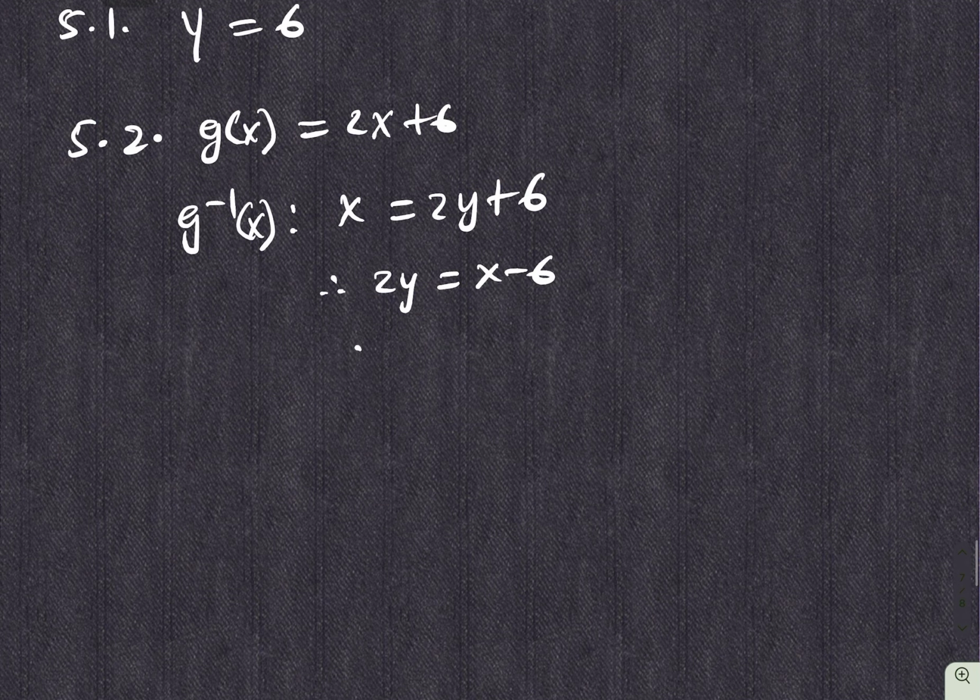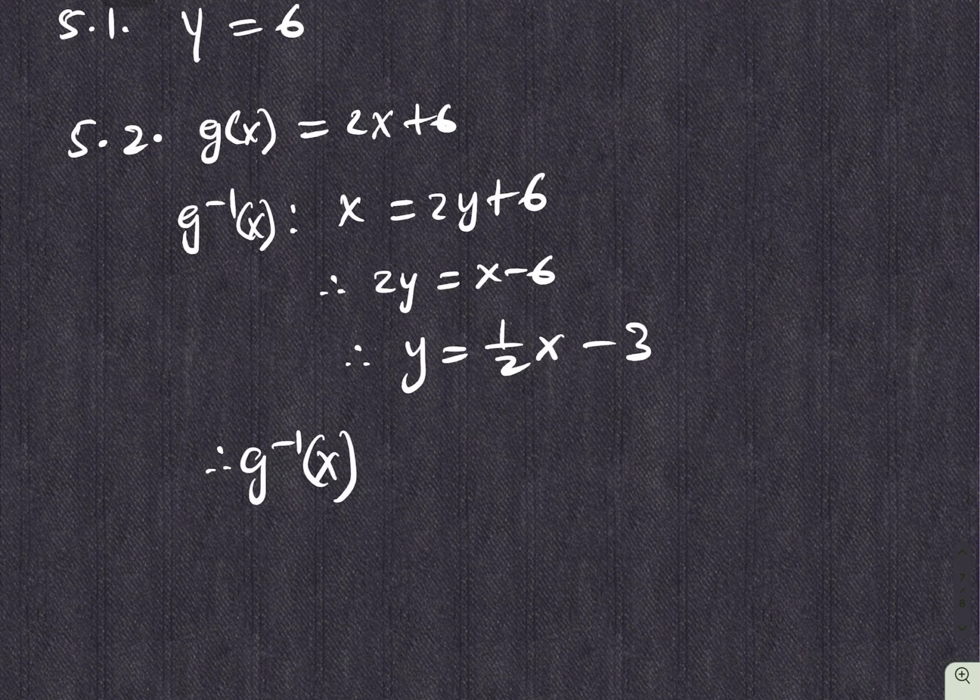You divide everything by 2, you get y equals 1 over 2x minus 3. Therefore, what they are looking for is the inverse of g, which is given by negative 1 over 2x. And my goodness, what am I doing? This should be a half x and then minus 3. That should be a half x minus 3.